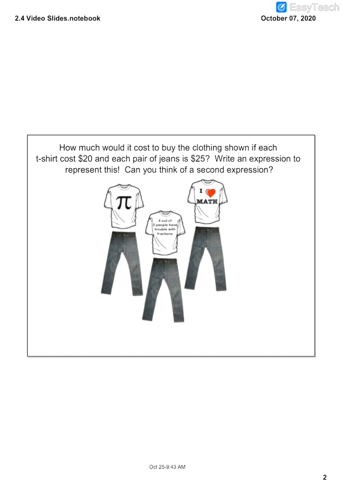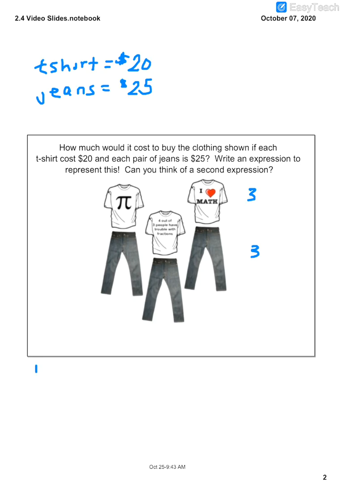So right now I know that a t-shirt is equal to $20. I also know that the jeans are equal to $25. So if I'm going to write an expression to model this, I see that I have 3 shirts and I have 3 pairs of jeans.